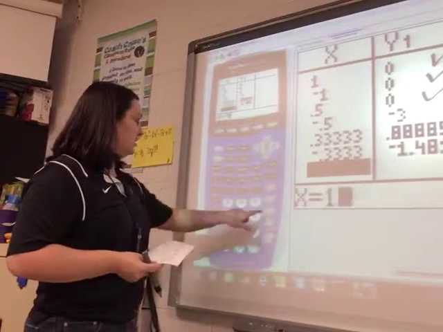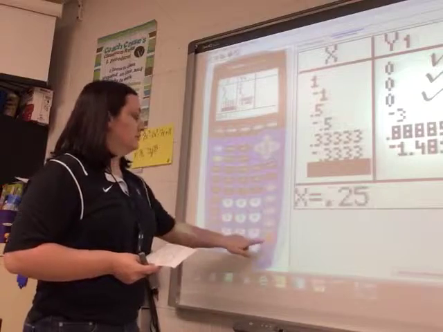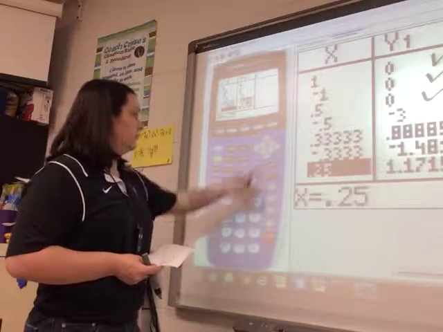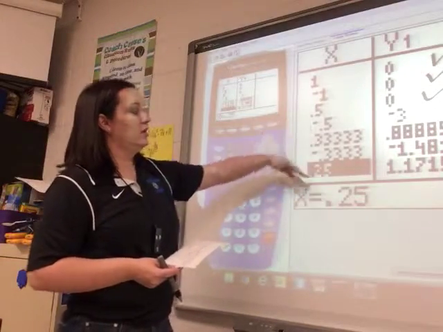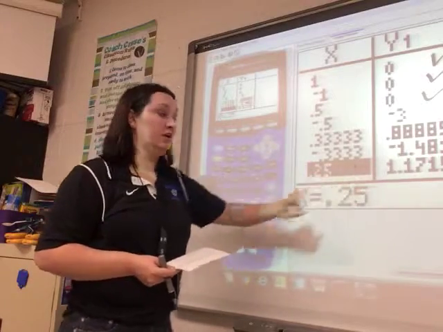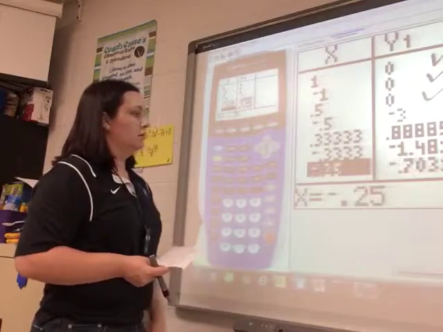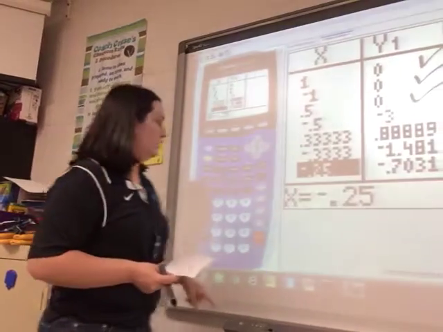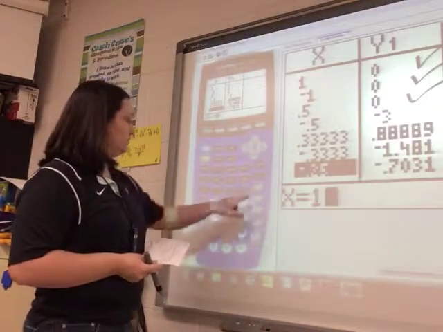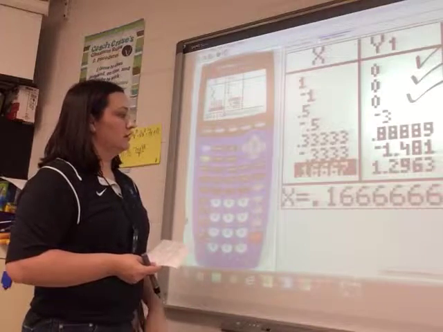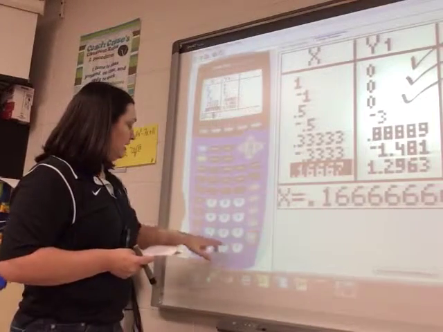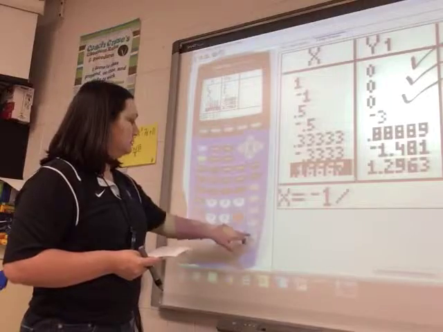We had 1/4 next. Not a solution. Once you get far up on your table, by the way, it starts just changing the bottom row. That's okay, just keep going with it. -1/4, not a solution. Our next one was 1/6, not a solution. Let's try -1/6.